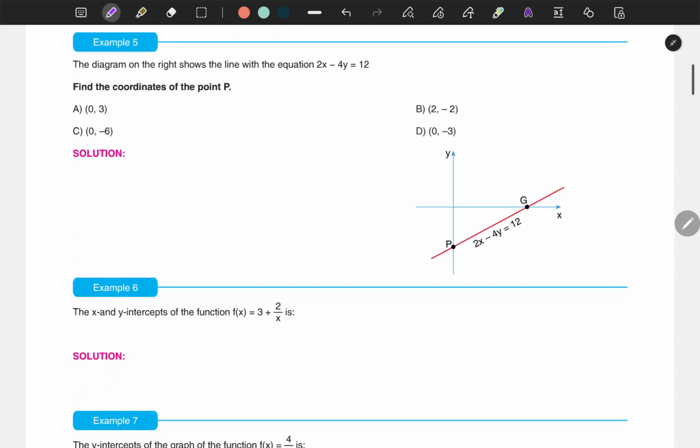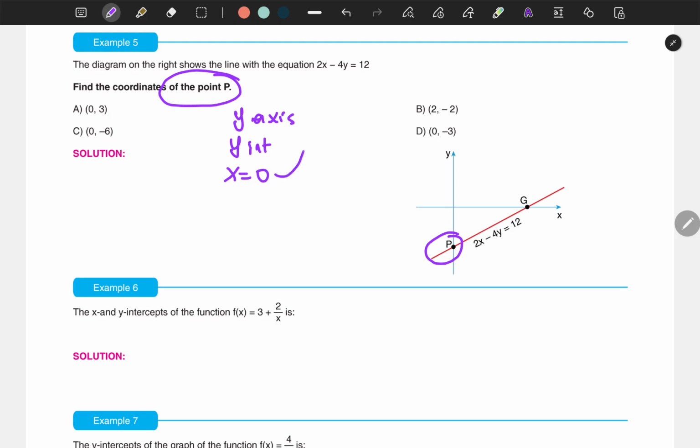Okay, the next question is multiple choice. It says find the coordinate of the P. Guys, when you look at the question, the point P is touching which axis? The y-axis, isn't it? For the y-axis, it means the y-intercept, isn't it? Yes. For the y-intercept, x must always be equal to what? 0.